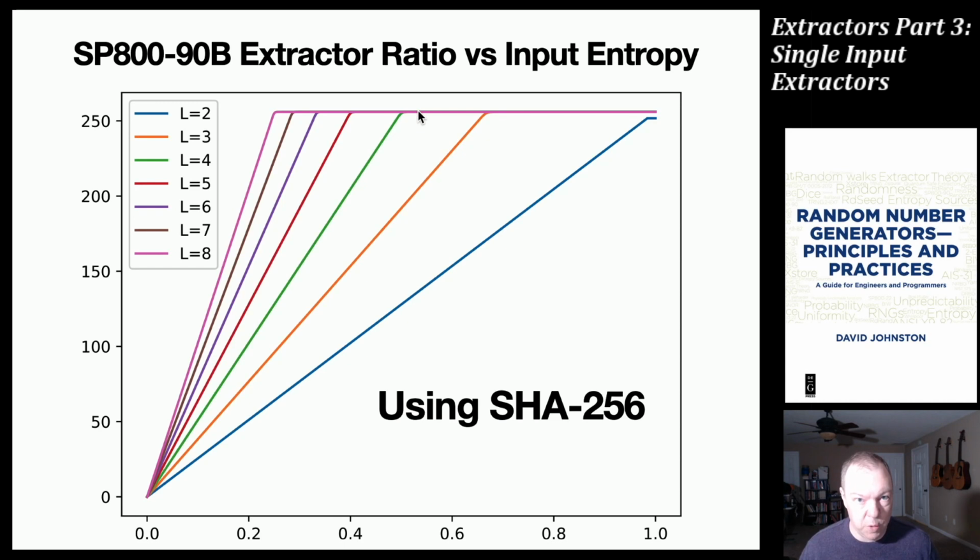That's an astronomically small gap, and then show that the extraction ratio we're using, which is 4 here. So when you have that smaller gap, you end up traveling a little bit along the line, and we end up here from the green line's curve to where our gap between full entropy and what we have is that small. And you can see that with a 4-to-1 extraction ratio, we can tolerate about a 50% input entropy.